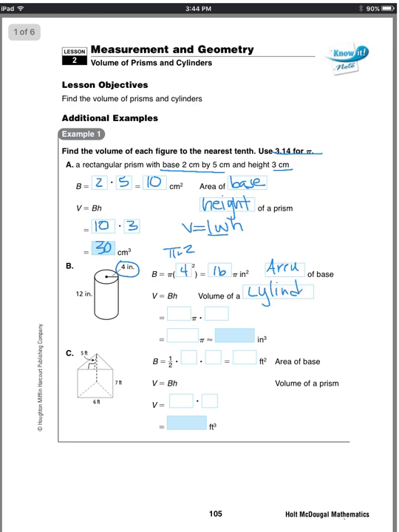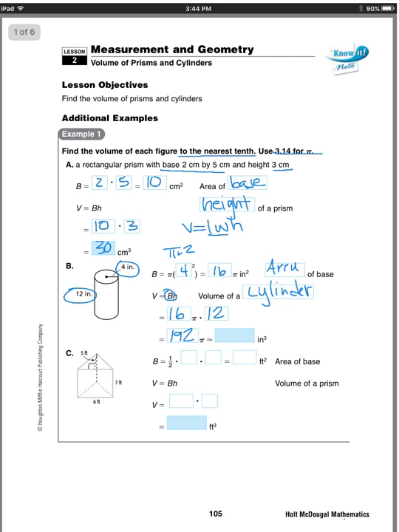We take the area of the base, the capital B, which was 16 pi, and we multiply it by the height of the cylinder, which is 12. Okay, 16 times 12 is 192 pi. That's in terms of pi. And then we need to round it to the nearest tenth, so we can't just use in terms of pi.